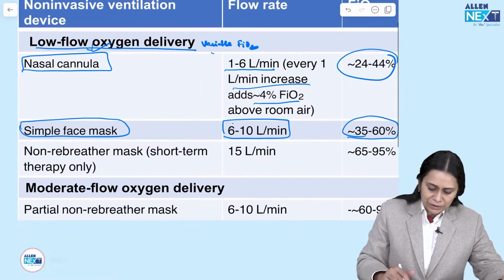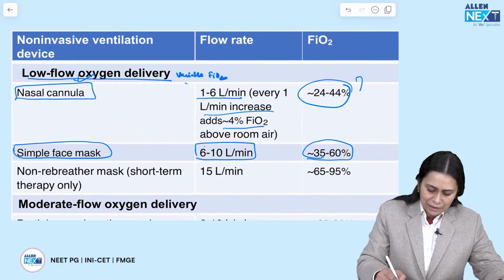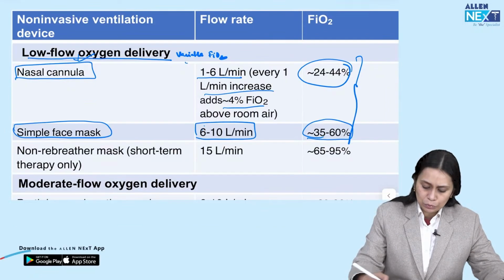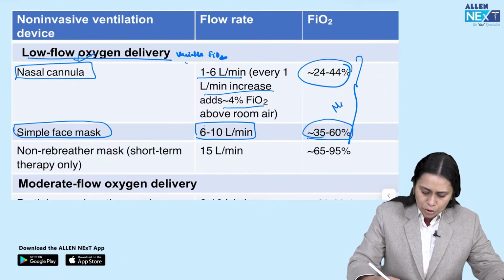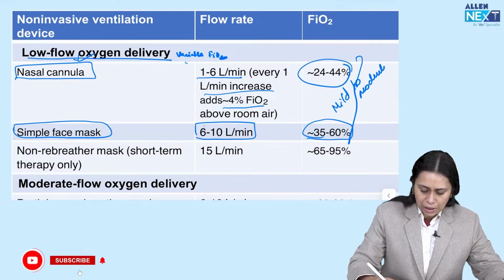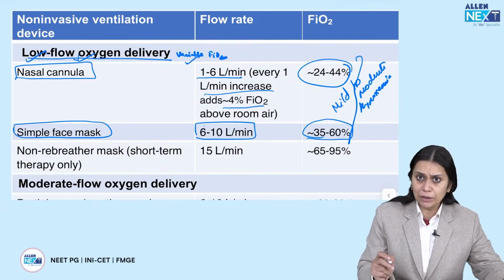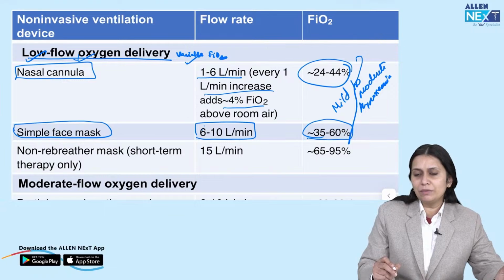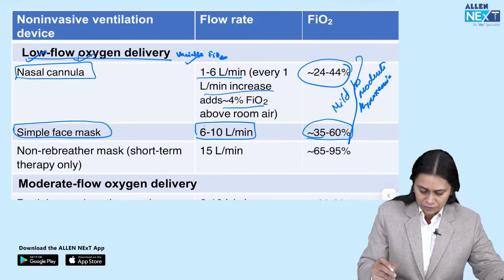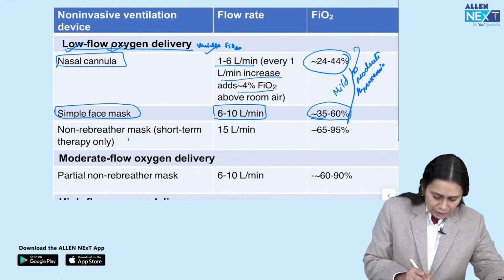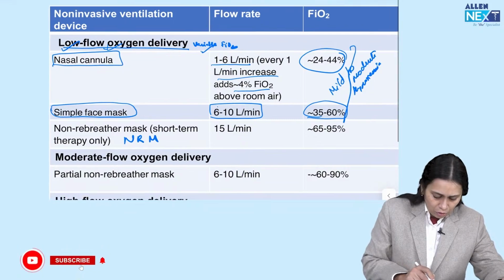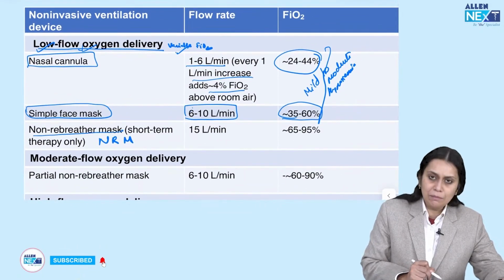Now these two devices, the nasal cannula and the face mask, are used for treatment of mild to moderate hypoxemia. Now we have a low flow variable FiO2 device which can be used for treatment of severe hypoxemia, and that is NRM or non-rebreathing mask.